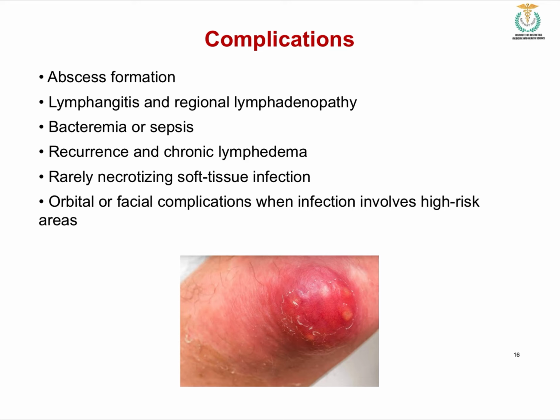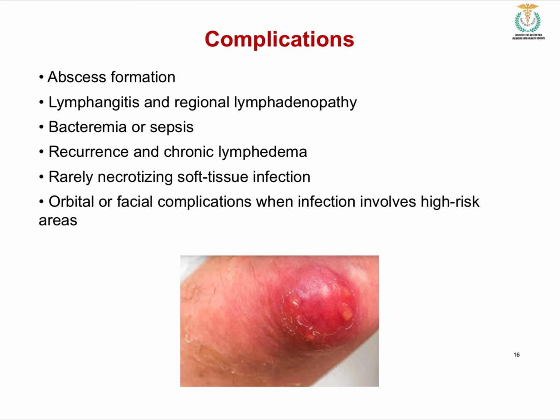The most serious local complication is a necrotizing soft tissue infection, which we have discussed in the previous slide. When the infection involves the face or the areas around the eye, there can be additional complications. Therefore, location matters. A patient with a facial or periorbital infection needs careful assessment because complications can be potentially serious.